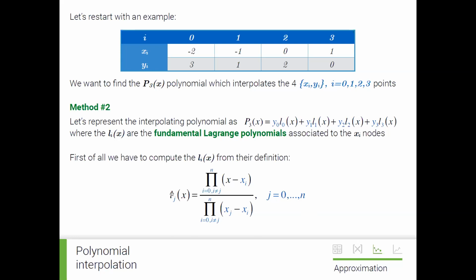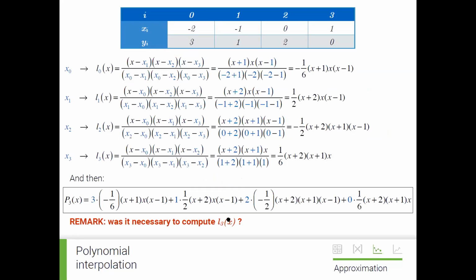Let's find this Li. So here you can see computation of finding this Li. So in the first case, we'll find L0 corresponding to the x0.